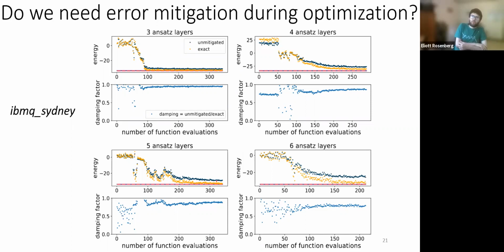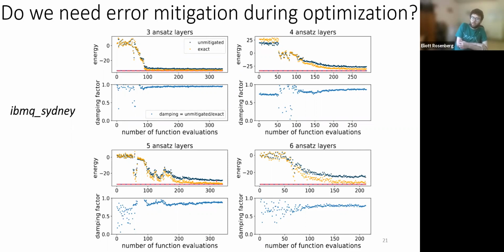Yeah, I mean, it depends what the gap is between the ground state and the first excited state. I don't have a lot more to say about that. It's true that we didn't converge all the way to the ground state, so there was overlap with excited states. And the purpose of this paper is not to test VQE; we're testing error mitigation.